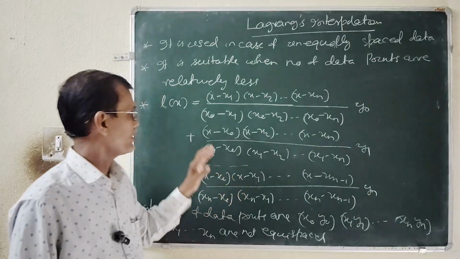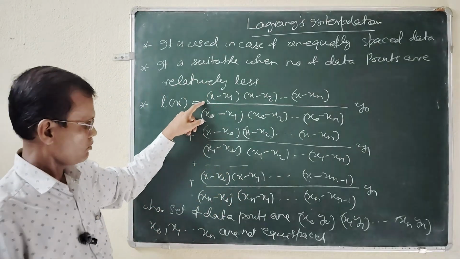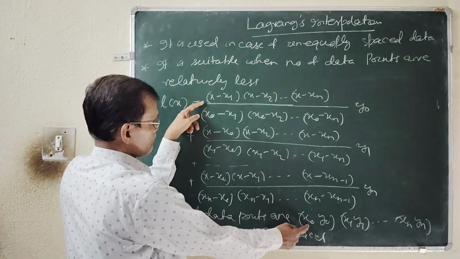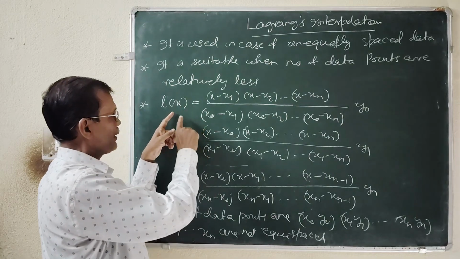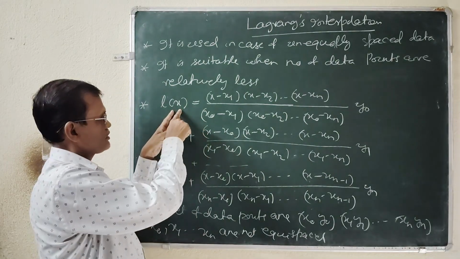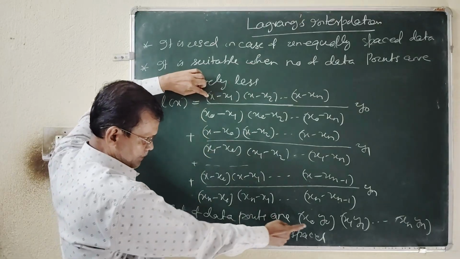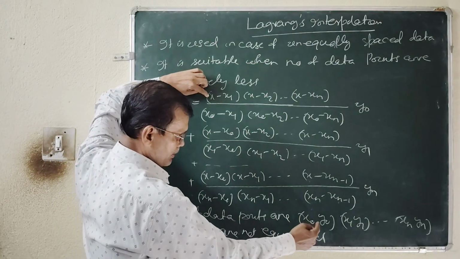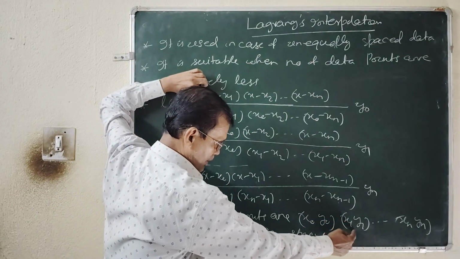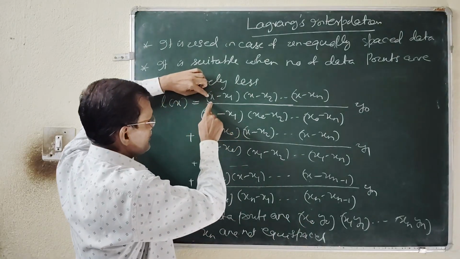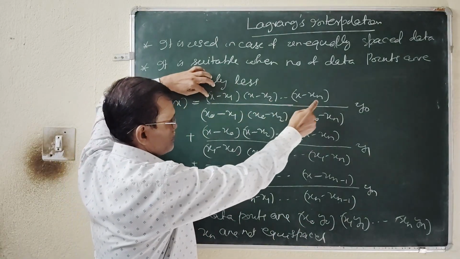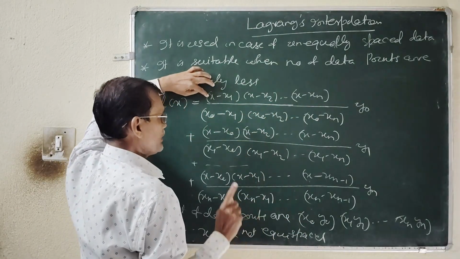You see how we are writing the first term. In the first term we are not considering x0. We have to find the value of y at x. So what is the formula? We are writing x minus, leaving x0, and subtracting every xi other than x0: x minus x1, x minus x2 up to x minus xn. We are neglecting x0, right?